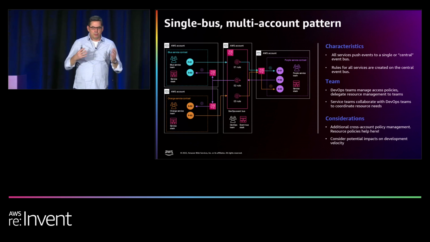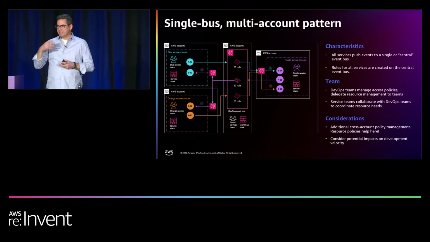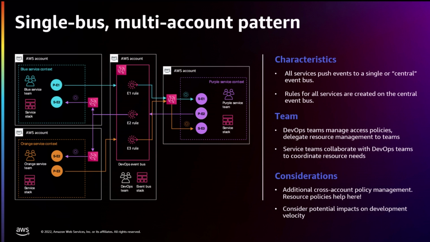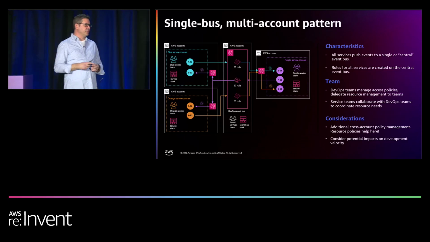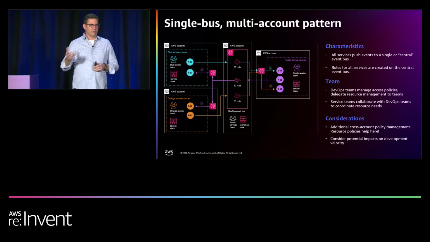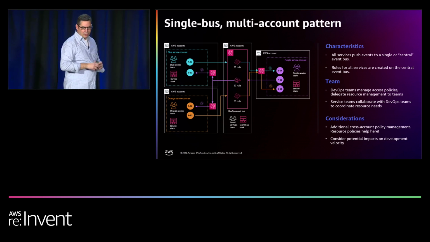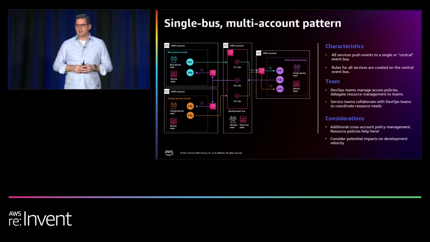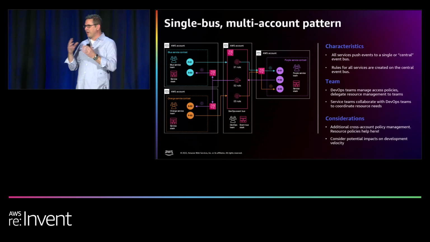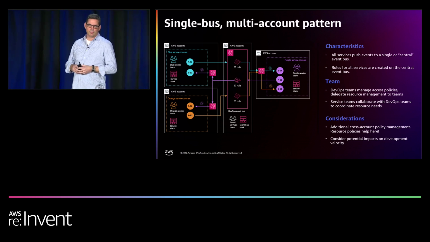Now, two of the most popular approaches today with customers are the multi-account topologies, and there's good reasons for that. Customers today like to have an account per service strategy because it provides those applications with a blast radius. It also adds an additional security boundary to those applications, as well as allows customers to easily track individual service costs.